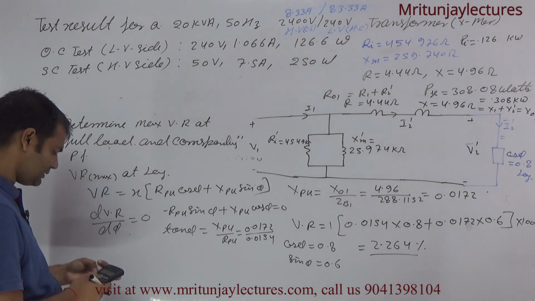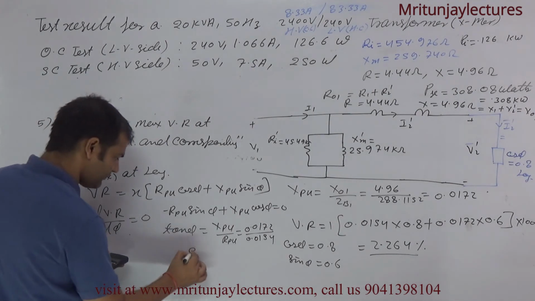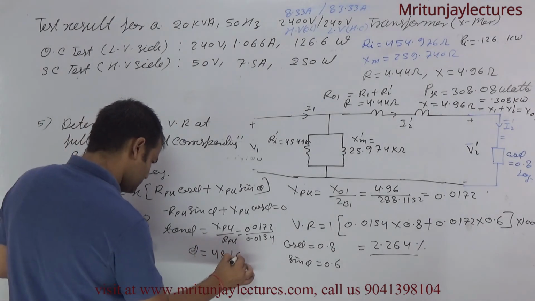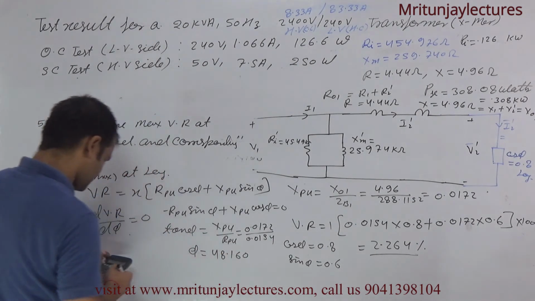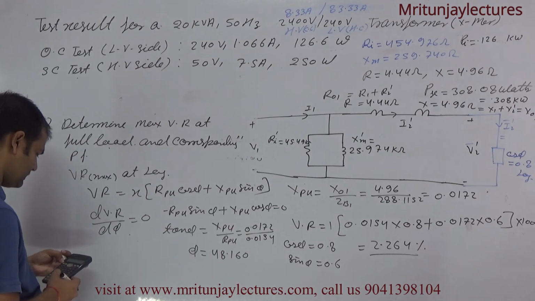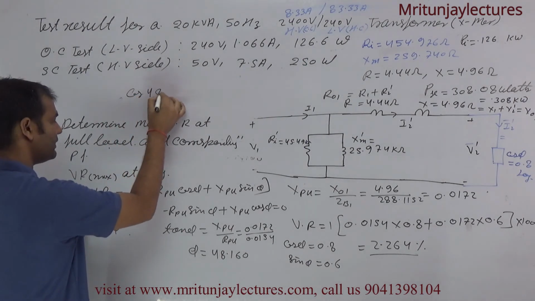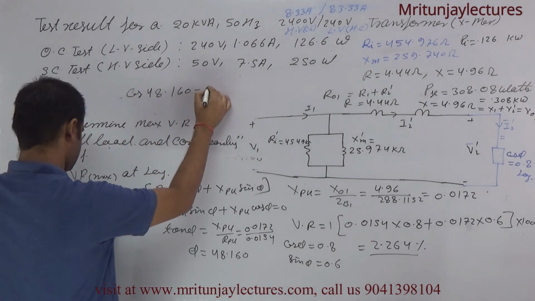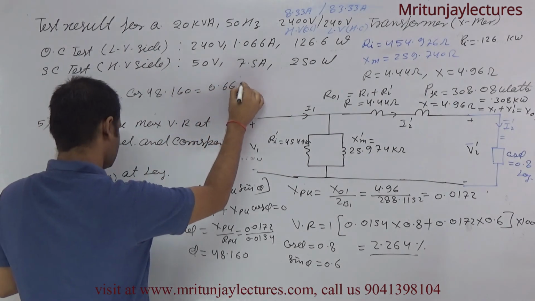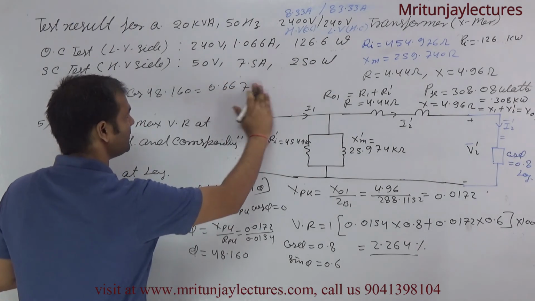Phi is tan inverse of that, equal to 48.16 degree. Finally cos 48.16 is 0.667 lagging. Clear?